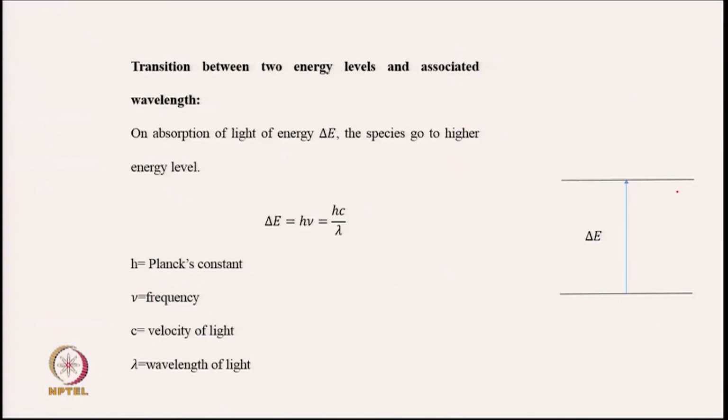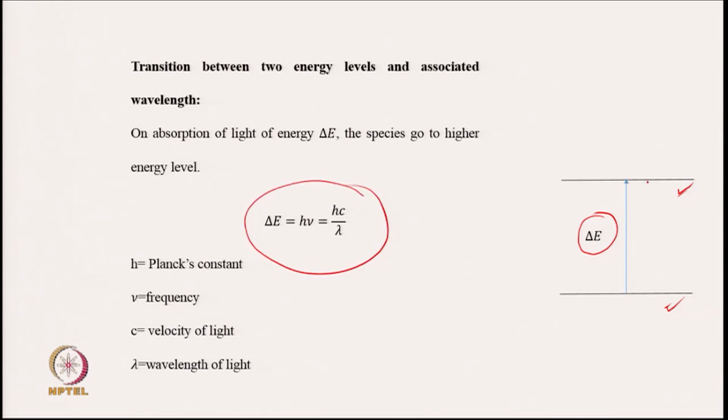If suppose there are discrete energy levels, then you can explain emission or absorption of a particular wavelength. If these two energy levels exist, then if there is absorption, it will absorb the wavelength corresponding to this delta E value, and the relationship between delta E and lambda is given by this.